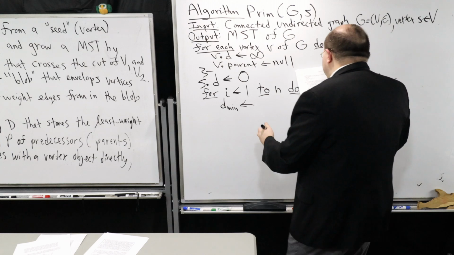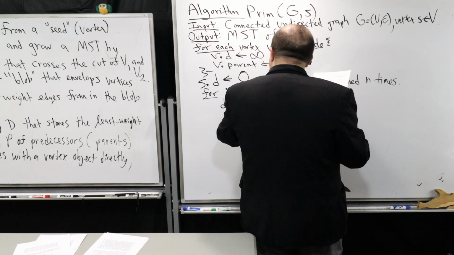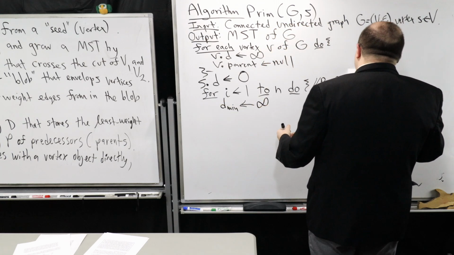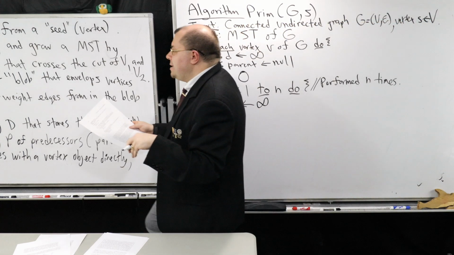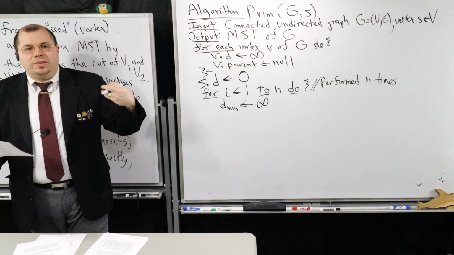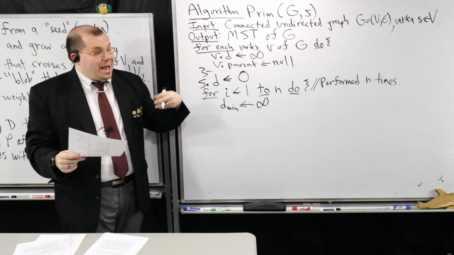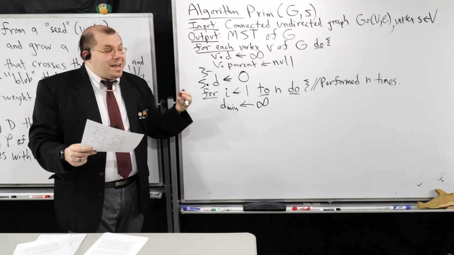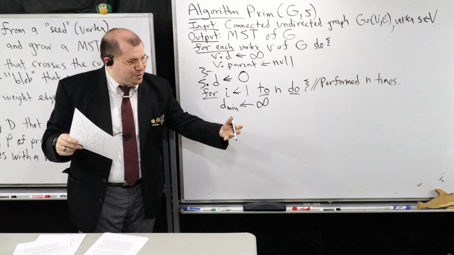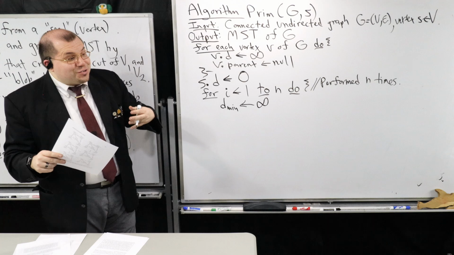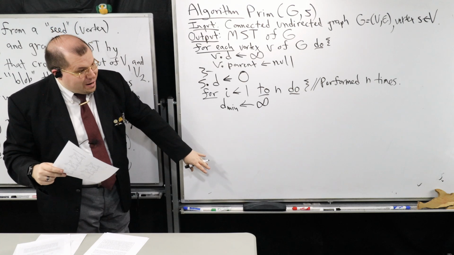So I'm going to have a variable I'm going to call dmin. This is going to be keeping track of the smallest D value. So remember, these D values are going to keep track of the least weight edge that I've encountered at that vertex. So if I could find a closer way for my blob to kind of slop over to devour it, I want to make sure I update these later on, which I'm going to do afterwards.